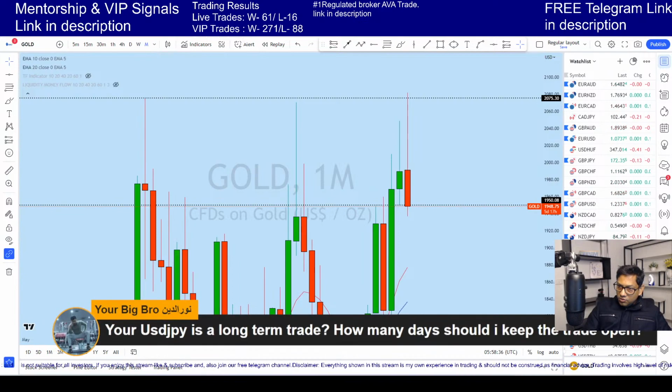Your dollar yen trade is a long-term trade. How many days should I keep the trade open? Well, the way I manage the trade, in a long term, like a swing trade or day trade, I normally keep the trade until it's valid. Now sometimes, let's say if you open a swing trade to take a bigger profit, sometimes it might even take a week to hit the take profit or the stop loss.